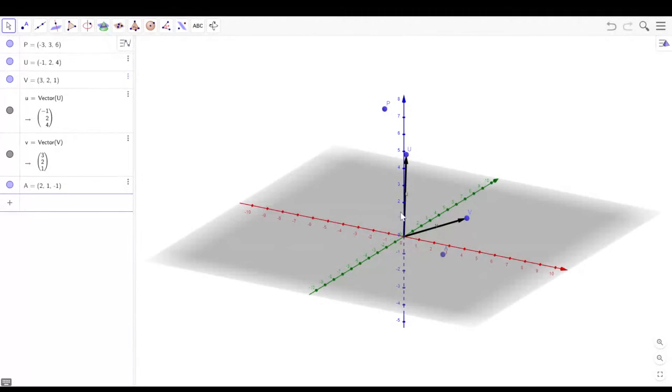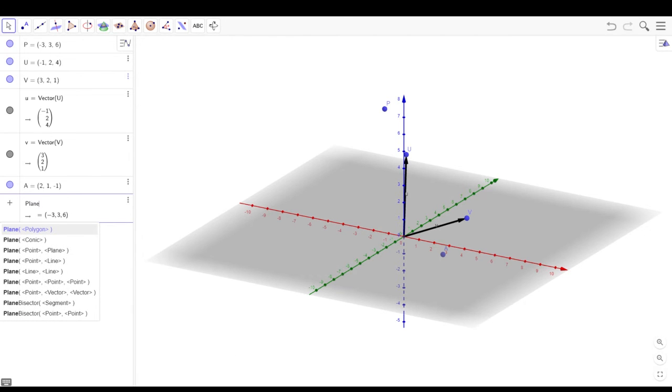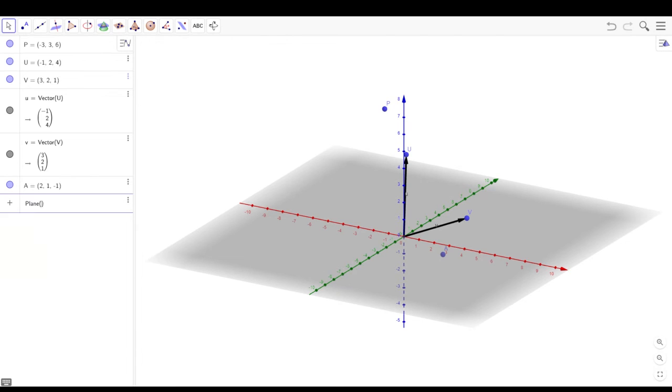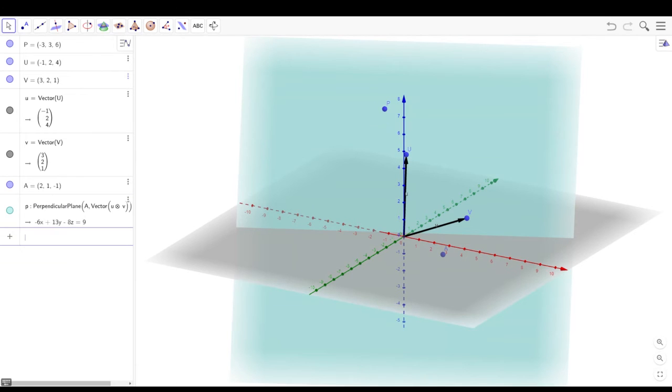Okay, so you can see here I've got a point A, a vector V, and a vector U, and the plane in question contains A and is parallel to the vectors U and V. So let me see if I can do this. So I'm going to do A, U, V. There we go.